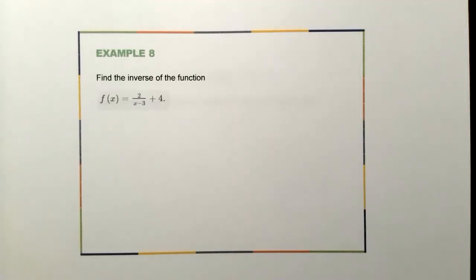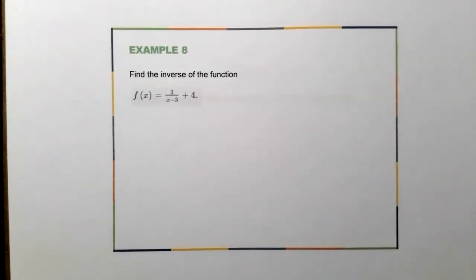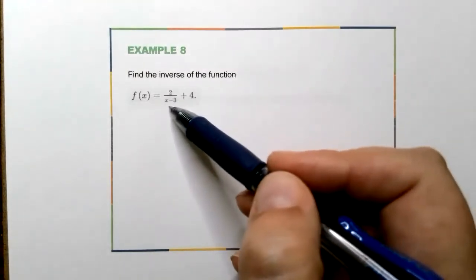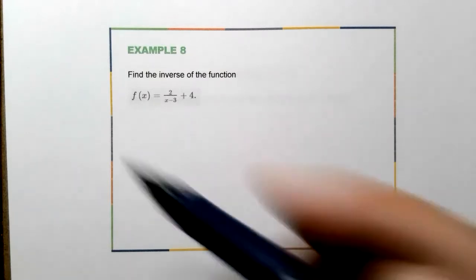So in this video, we're going to use, I think it's a 4-step process to find the inverse of the function. I'm going to look for the inverse of f of x, which is 2 divided by x minus 3 plus 4. Basically, I'm going to write out the steps.